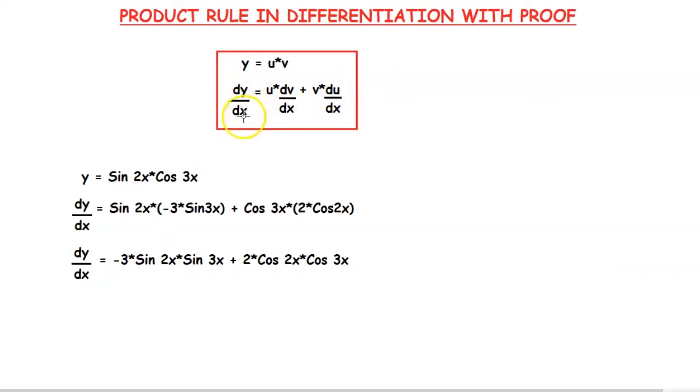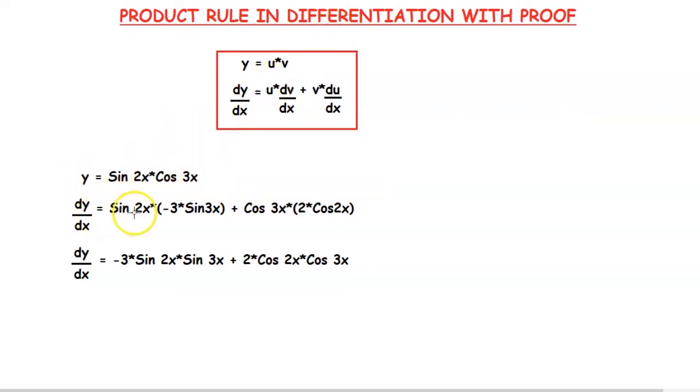So for example, if you are given a question y equals sine 2x multiplied by cos 3x, we can use the product rule to solve this question. So here we can consider sine 2x as u and cos 3x as v.